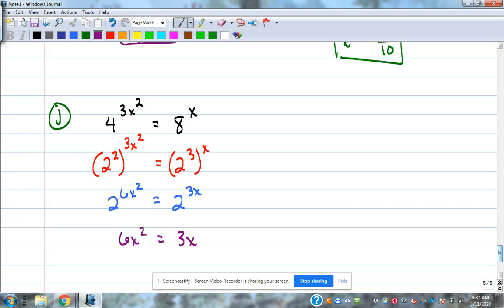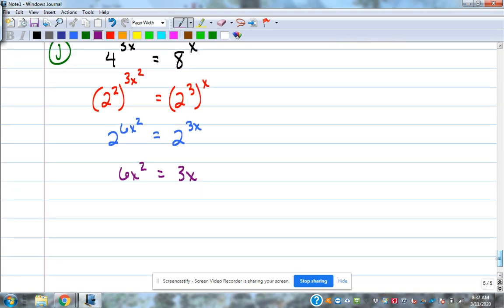Okay, so that's quadratic. Oh man, we got to know how to do stuff that we've done before. Get it equal to 0, so that opens up all the possibilities for solving quadratics, which are factoring and quadratic formula. You could complete the square if you wanted to, but nobody does that. So get it equal to 0, so we're going to subtract 3x.